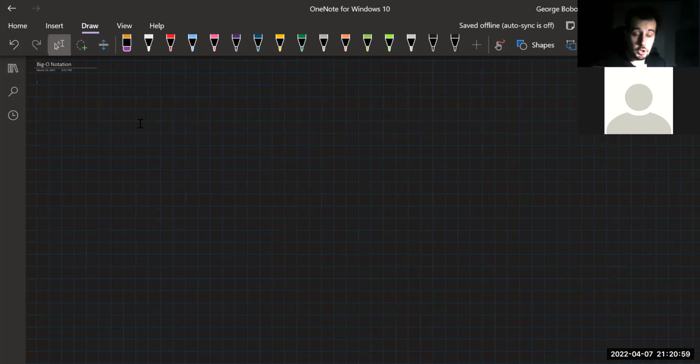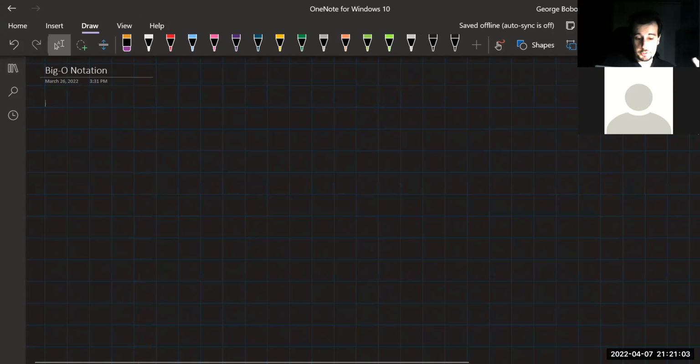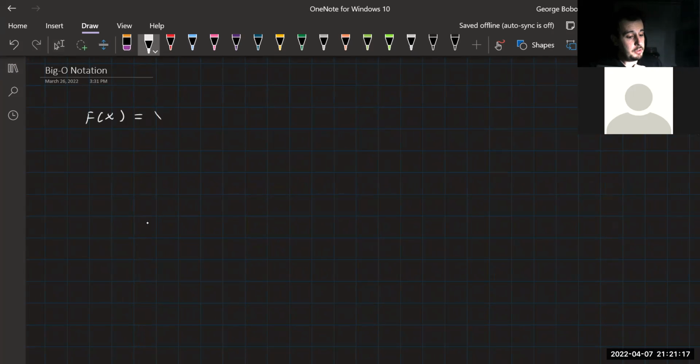To start off, I will do some examples from the ones that we've been provided. One of them here is a function, f of x. We have x times cosecant of x right now.